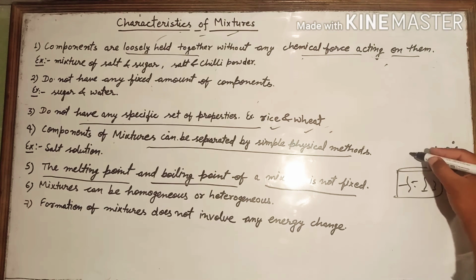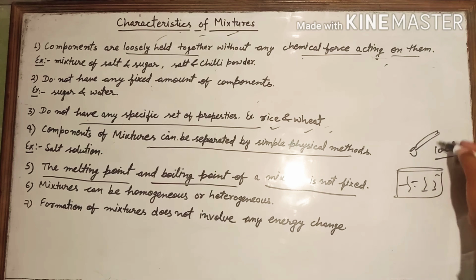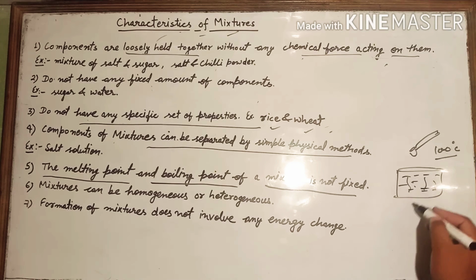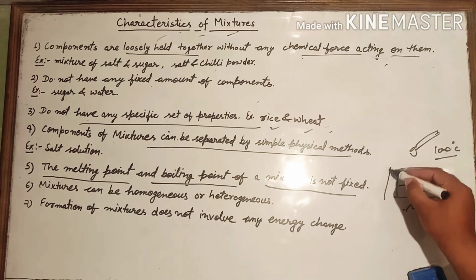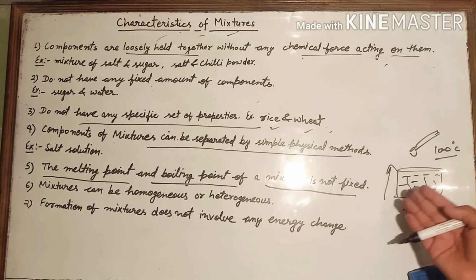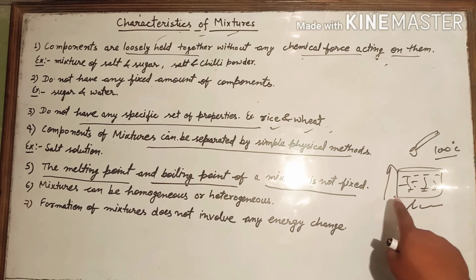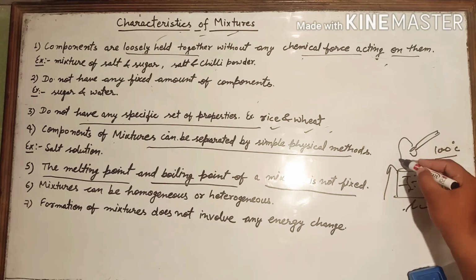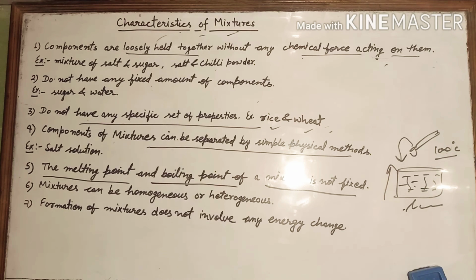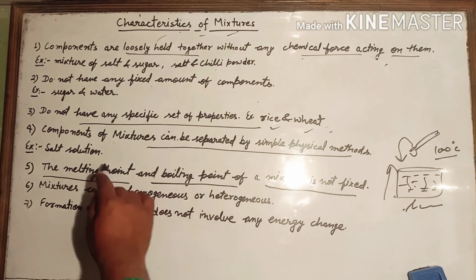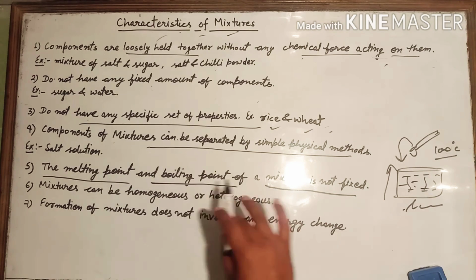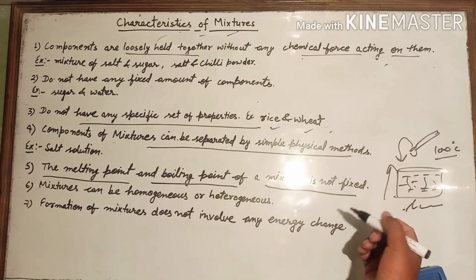If we add some salt in this and again boil it at 100 degrees Celsius, it will not evaporate yet. The boiling point will be a little higher, meaning the boiling point of this solution increases when we add some salt. In this way we can understand that in mixtures there is no sharp boiling point or melting point.